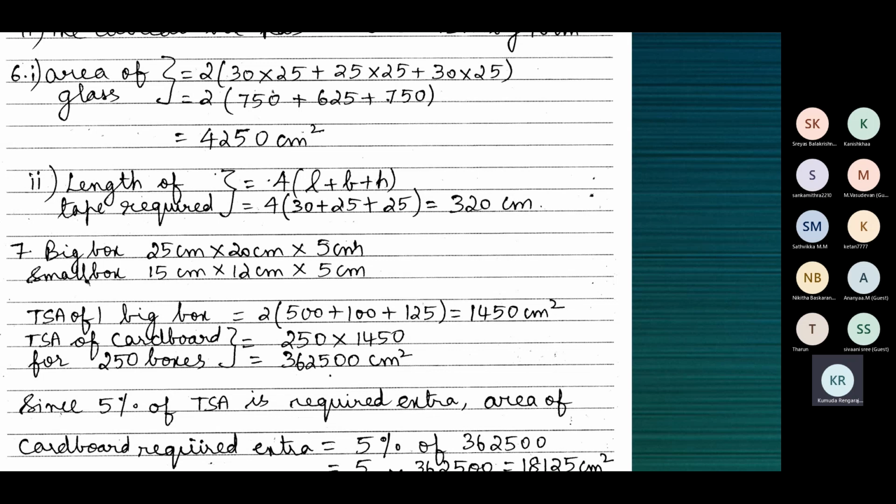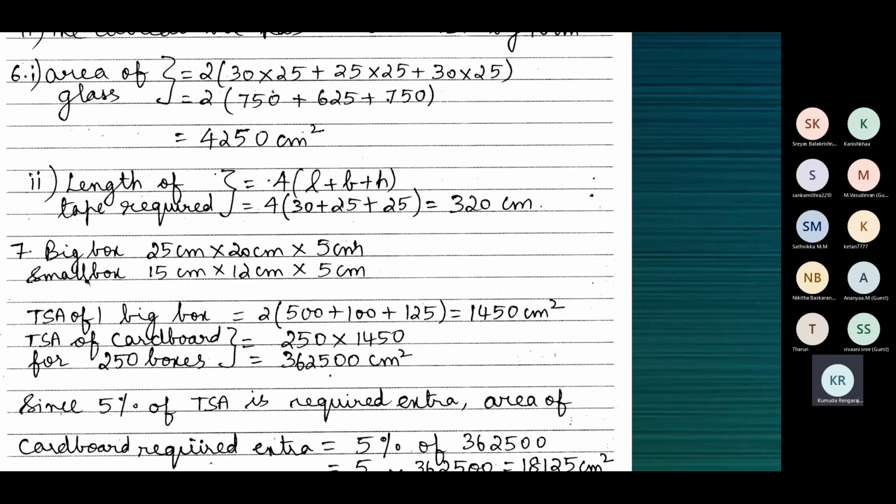So the area of the glass is nothing but the total surface area, because glass is used everywhere. You'll have to find the area of 6 surfaces.